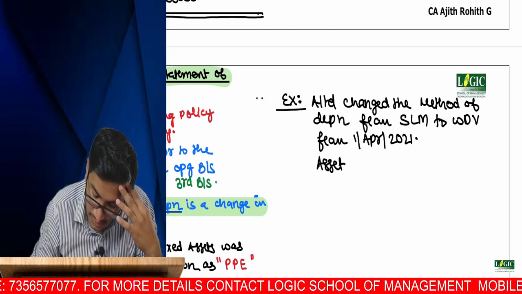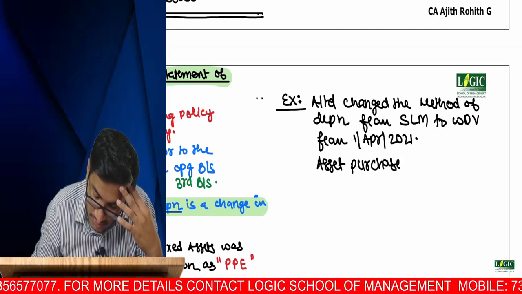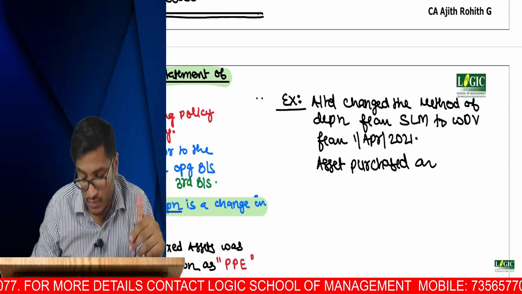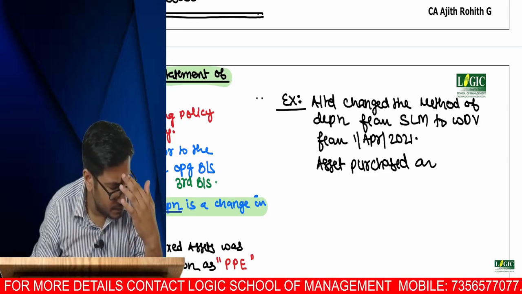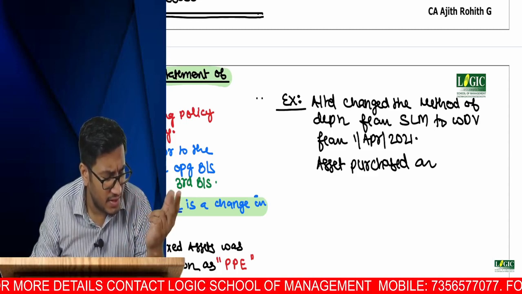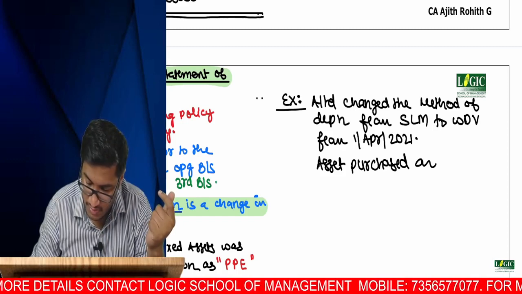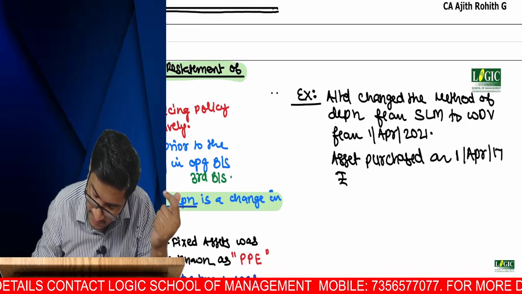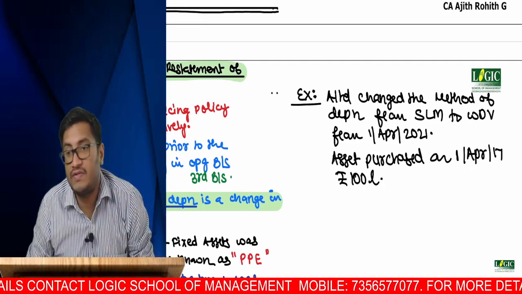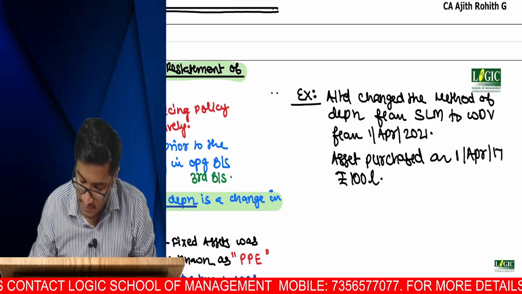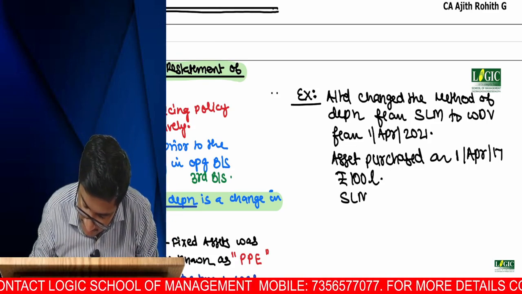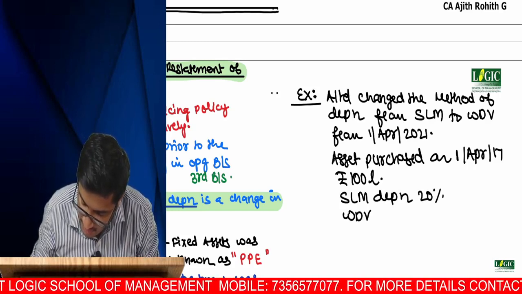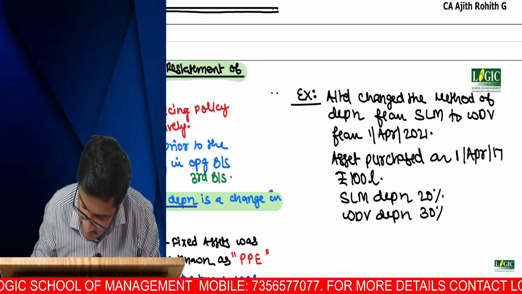Asset they purchased on 1st April 2017, rupees 100 lakhs. SLM depreciation 20 percentage. WDV depreciation 30 percentage.